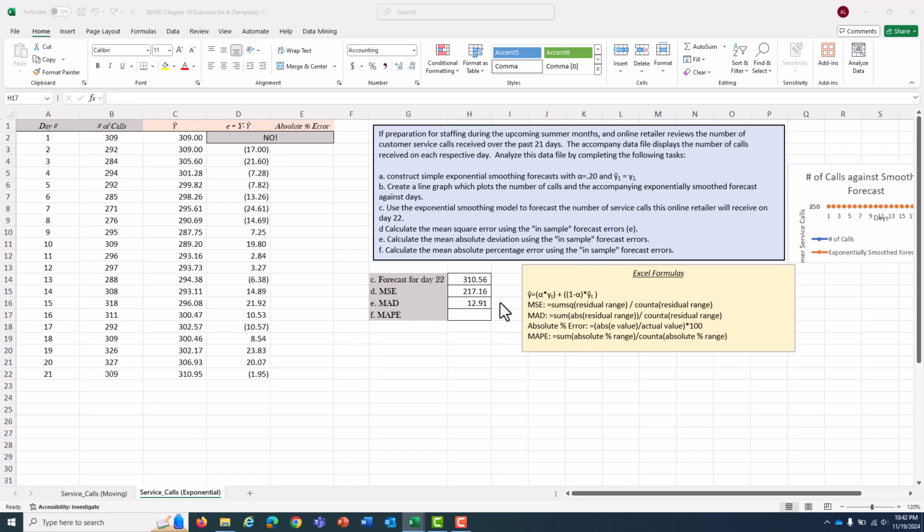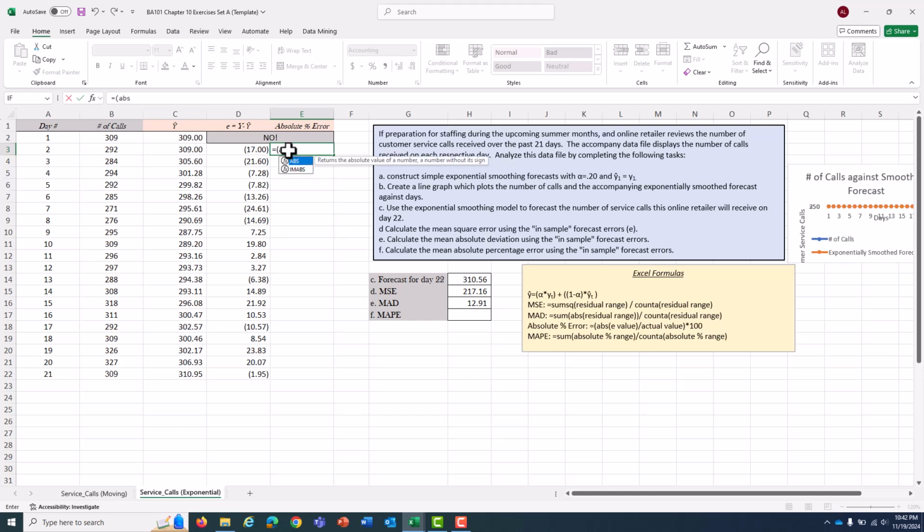So the absolute percentage error, for example, over here in our first available spot in cell E3, is going to be equal to the absolute value, so I'm going to open a parenthesis right now, of our first residual, which was in cell D3, that negative 17, close that parenthesis, divided by the actual value that we had during that period, 292.